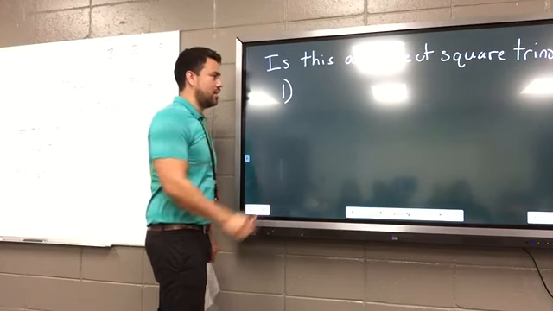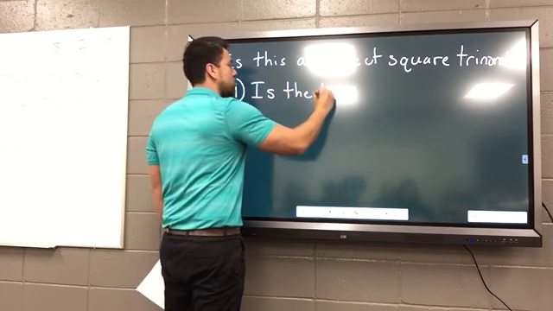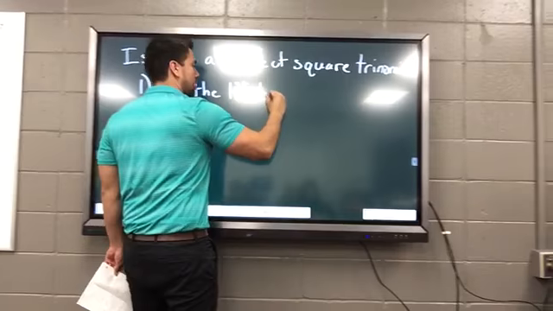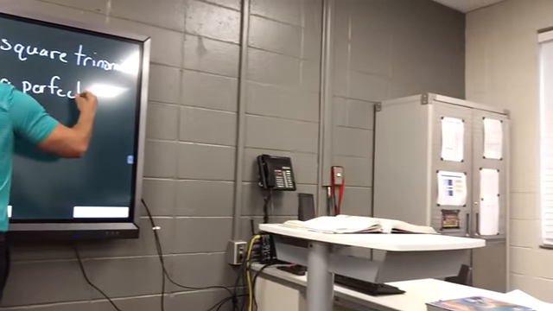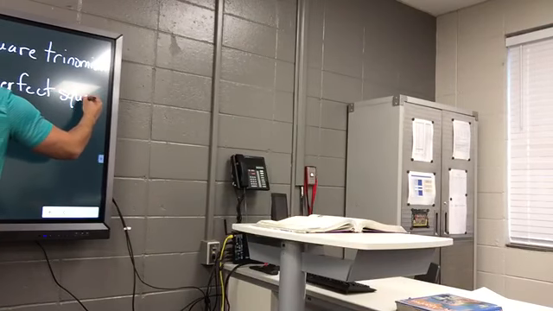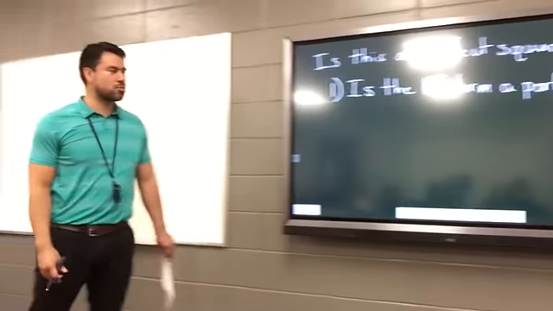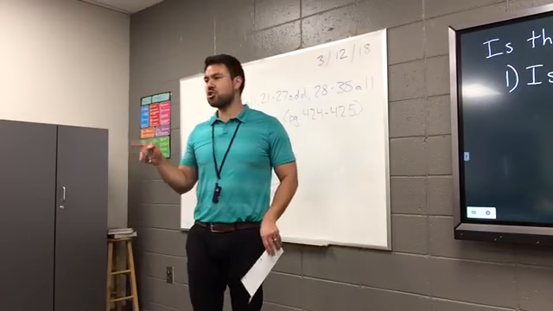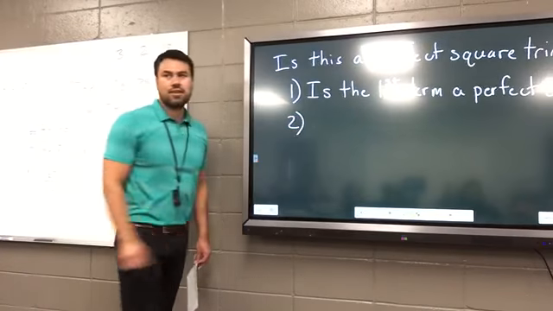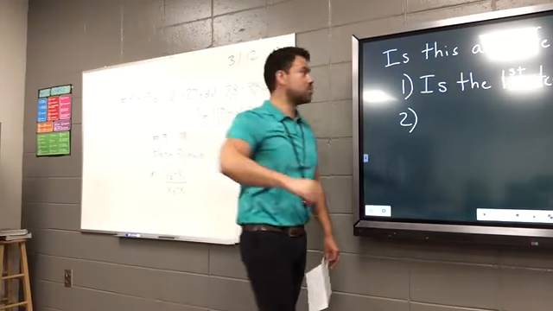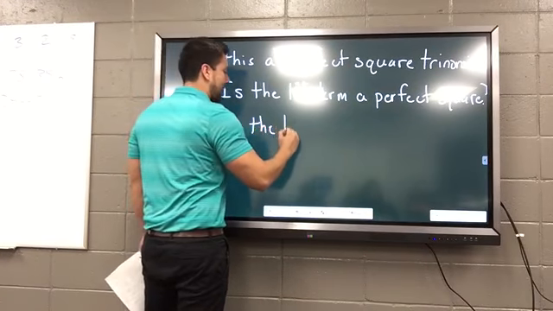First question, and we've already talked about this. Is the first term a perfect square? And we'll go through example after example of this, I hope. Is the first term a perfect square? That's a question mark at the end. Does anyone remember what the second question was?